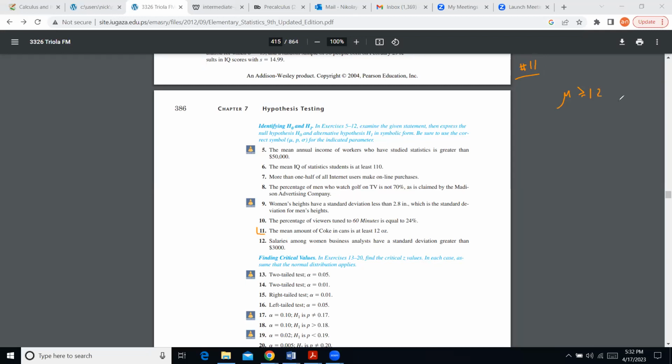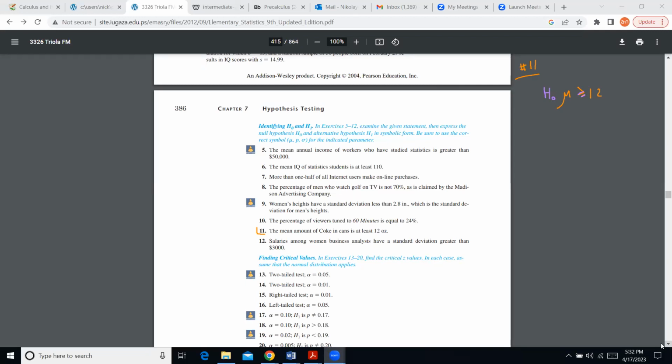It's 12 ounce, so they better put not less than 12, so at least, and that statement needs to be in H0 because it has the equal sign in it. That's the only thing that we saw here in the section: we just need to make sure that whatever has the equal sign goes to H0.